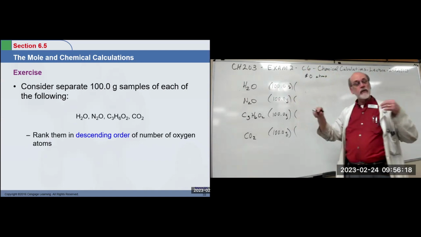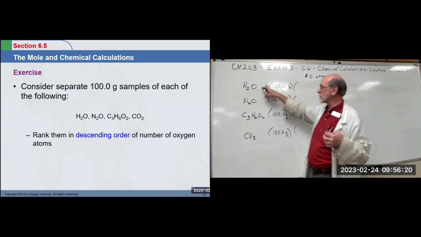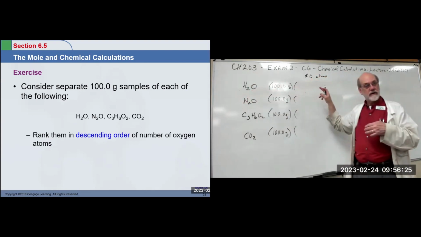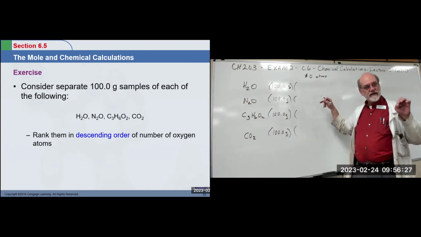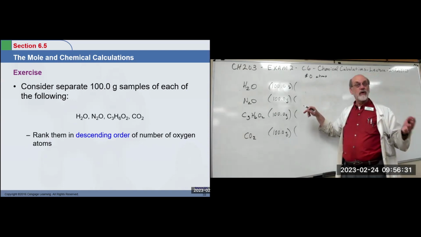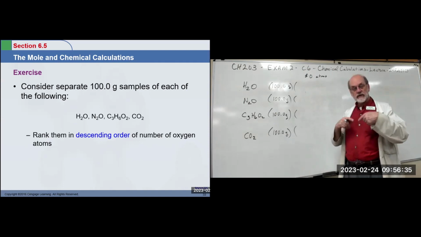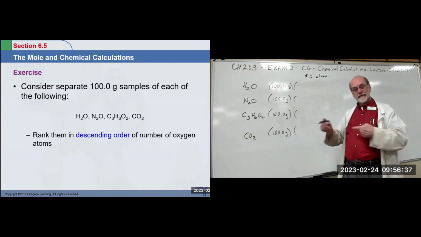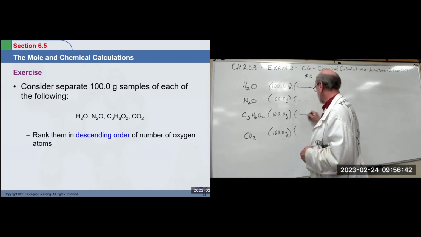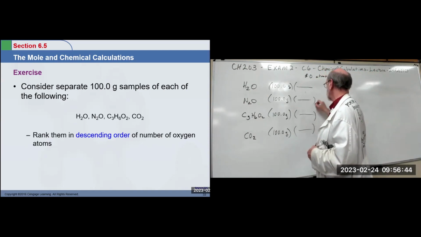And then we can use the ratio of the number of oxygen atoms in the molecule to determine how many oxygen atoms there are. Now, since we're putting these in order, we don't have to go all the way to the number of oxygen atoms. We just go to moles. We can compare using moles because it's a unit of measure of numbers. Okay. So what we need here is something that will convert grams into moles.